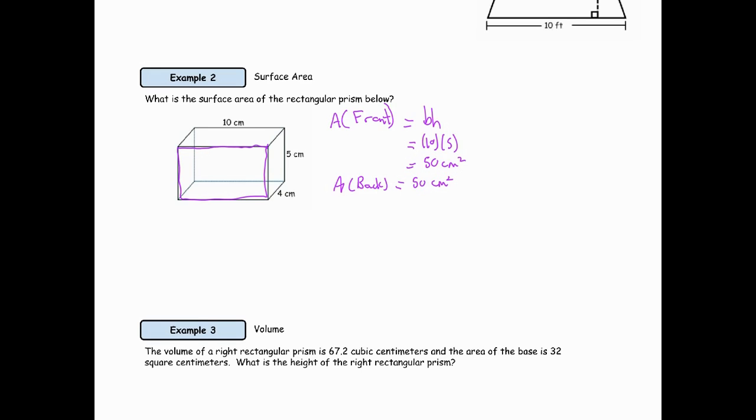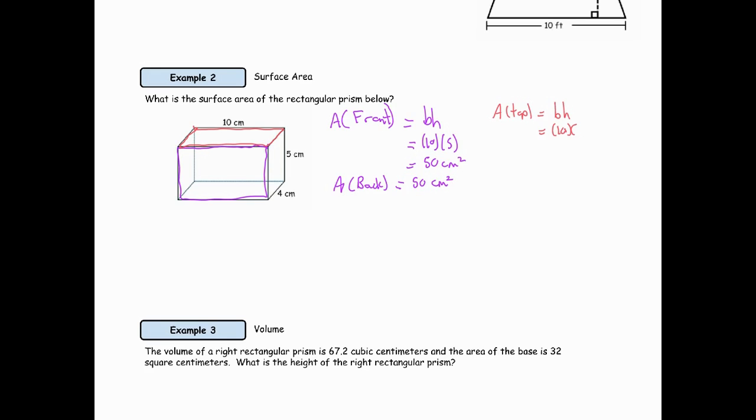Now we can also see that there's a top to our rectangular prism, and that shape is also a rectangle. So we can find the area of the top, once again, by multiplying the base times the height. In this case, the length of the base is 10 centimeters times the height, which would be this side over here or this side over here.